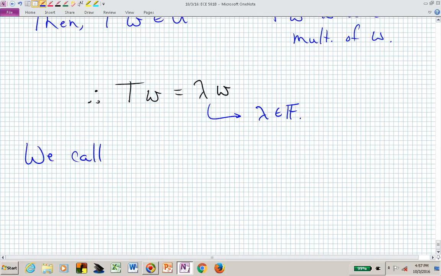If we now have this relationship, what are we calling lambda? Lambda is our eigenvalue that we were defining or talking about before.